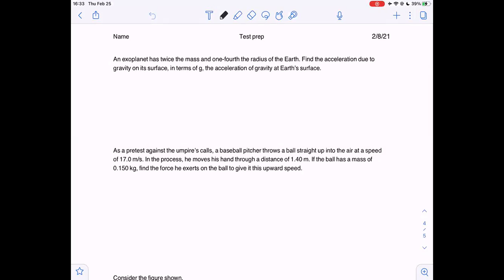So the equation we're going to use is gravity for that planet is equal to big G, so we know this, and we know that our planet, Earth, is equal to big G as well, mass of Earth over radius of Earth squared.